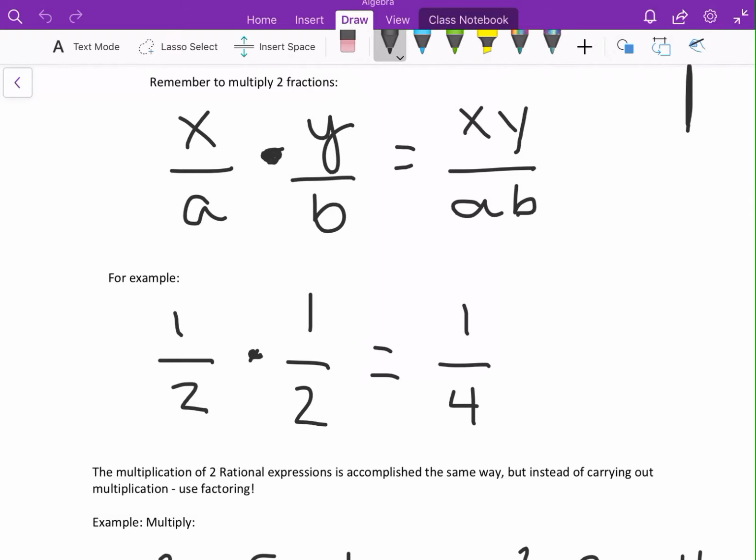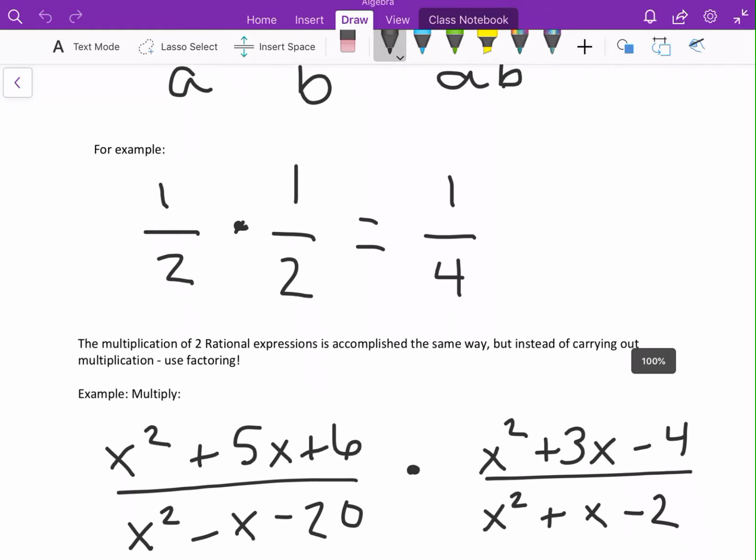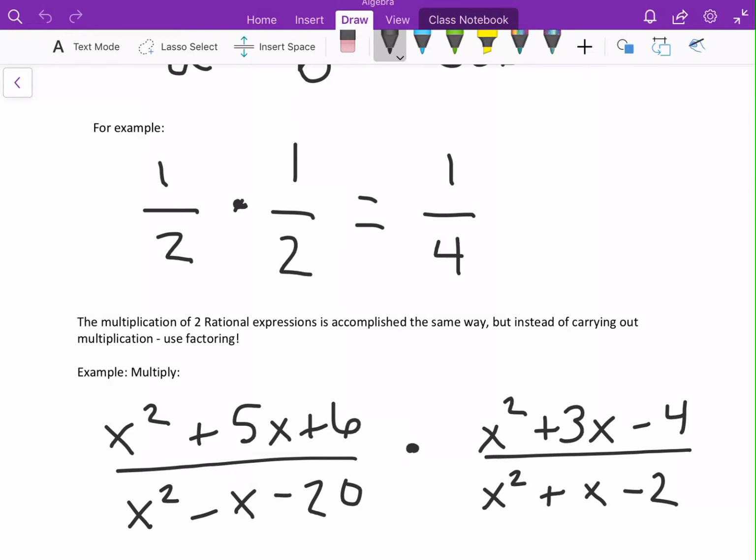If you are asked to multiply a rational expression, here is an example. If you are asked to multiply x squared plus 5x plus 6 all over x squared minus x minus 20 times x squared plus 3x minus 4 all over x squared plus x minus 2.